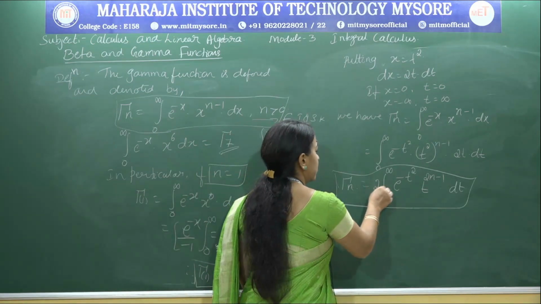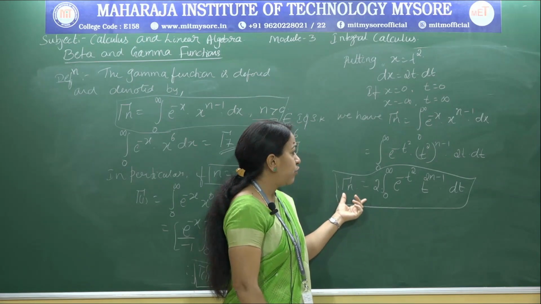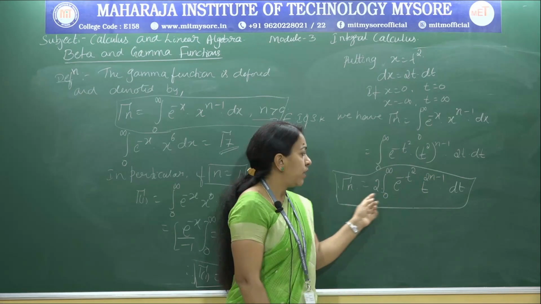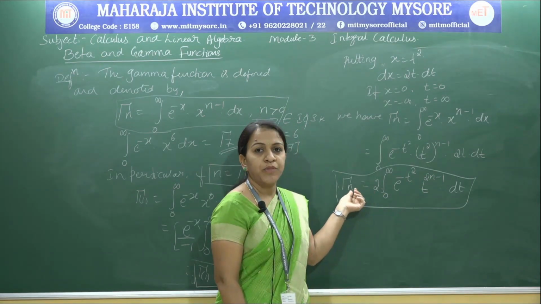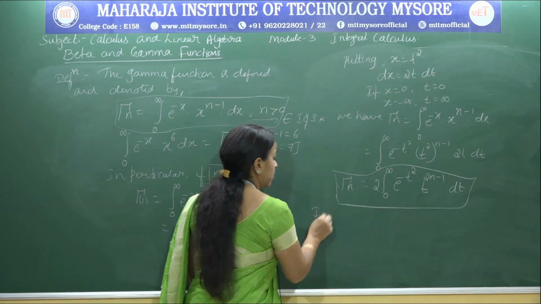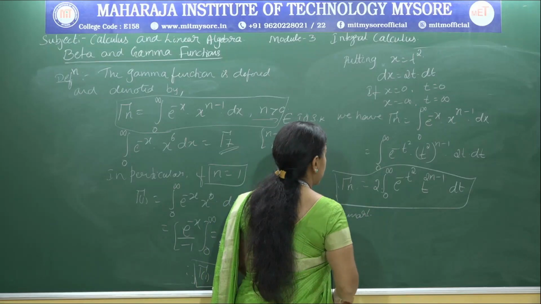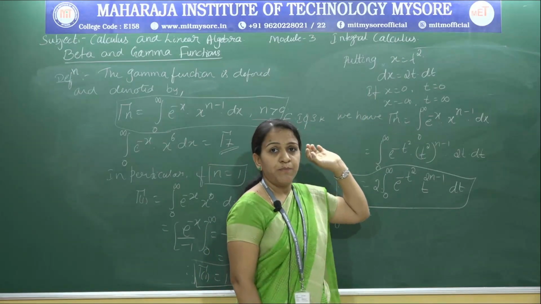So whenever we have integrals of the form e power minus t square t to the power of 2n minus 1 dt, 2 times that can be replaced by gamma n. In general, it means I replace x by t square, right?